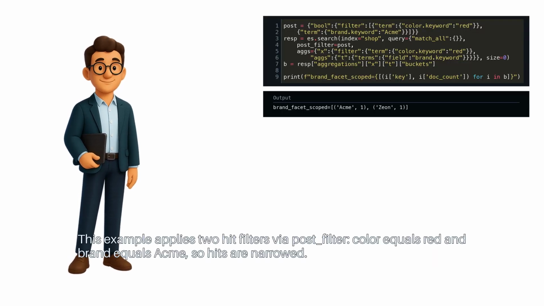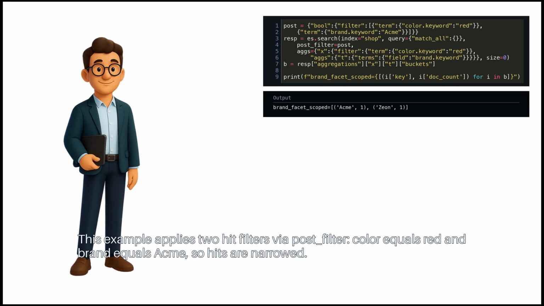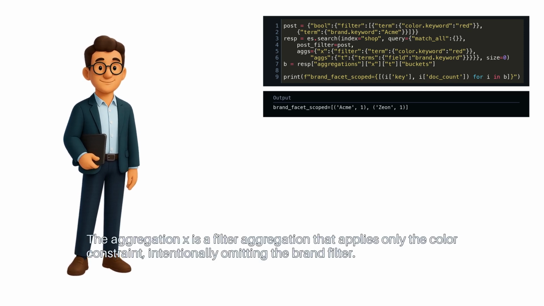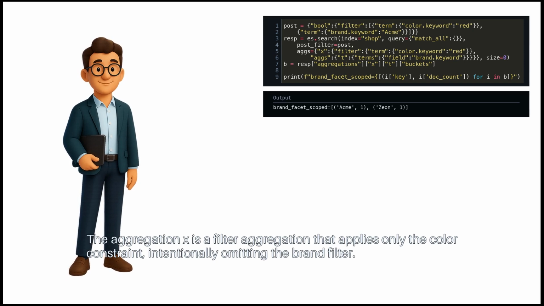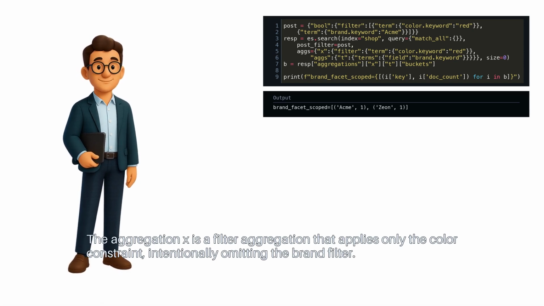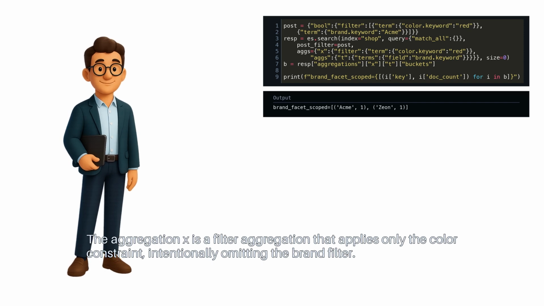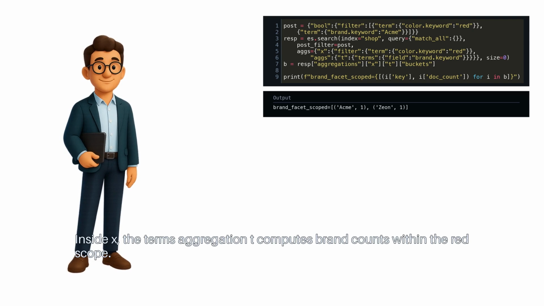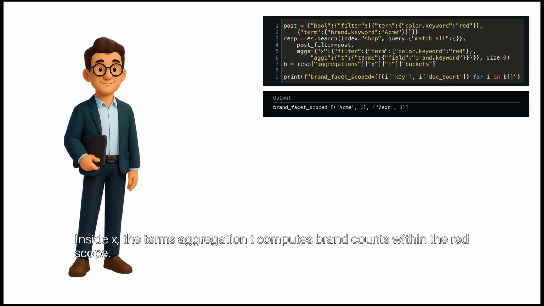This example applies two hit filters via post_filter: color equals red and brand equals Acme, so hits are narrowed. The aggregation X is a filter aggregation that applies only the color constraint, intentionally omitting the brand filter. Inside X, the terms aggregation T computes brand counts within the red scope.